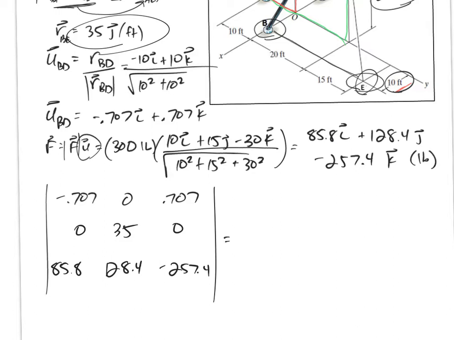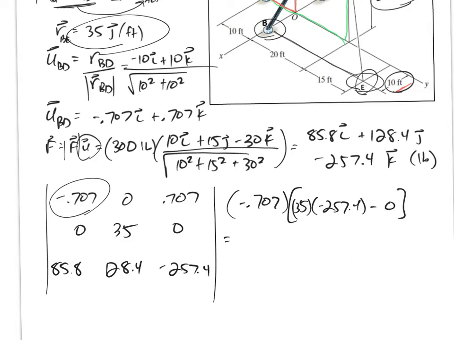So that would equal negative 0.707 times 35 times negative 257.4 minus 0 times something, and I've got 0 right there, so I'm not going to bother writing the rest of that.